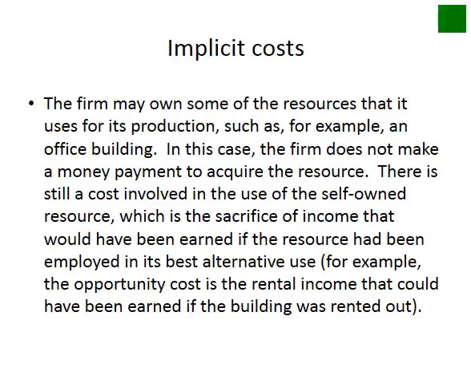Implicit costs are a little more complicated. This time the firm might own some of the resources that it uses for production, for example, an office building. In this case, you're not paying yourself for the use of the office space. But think, if instead of using the office space yourself, the firm could have rented it out to another party for, let's say, $4,000 a month, there's an opportunity cost there because you're forgoing that rental income that could have been earned if the building was rented out.